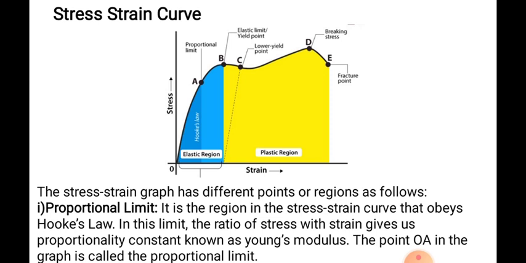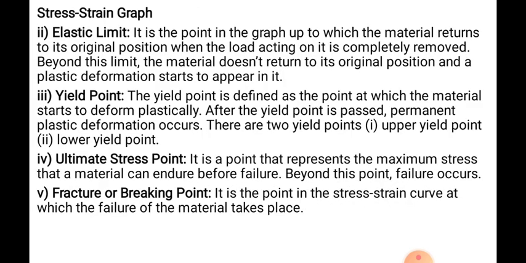After the removal of that external force, if the steel bar regains its original shape, then it is the elastic limit, or its original position when the load acting on it is completely removed.